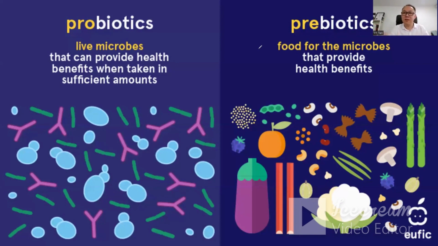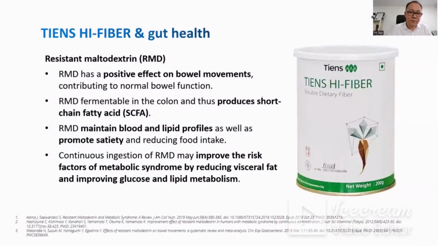So we need something that the body does not digest, but that can be fermented in the colon to become the food of our probiotics, which is inulin and FOS.